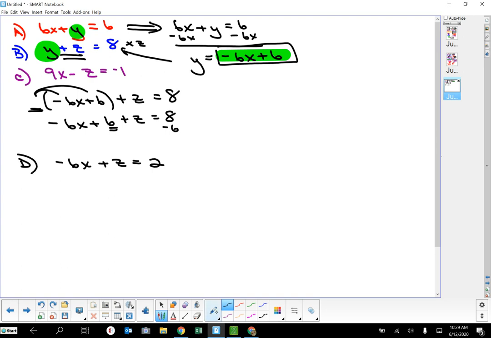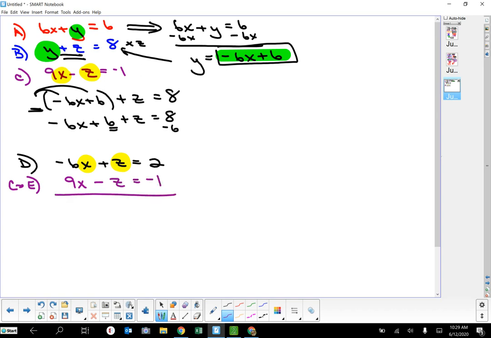And then look at equation C. Equation C has an x and a z in it. So does this equation D that I just made. So essentially, C becomes my equation E, and I have 9x minus z equals negative 1.